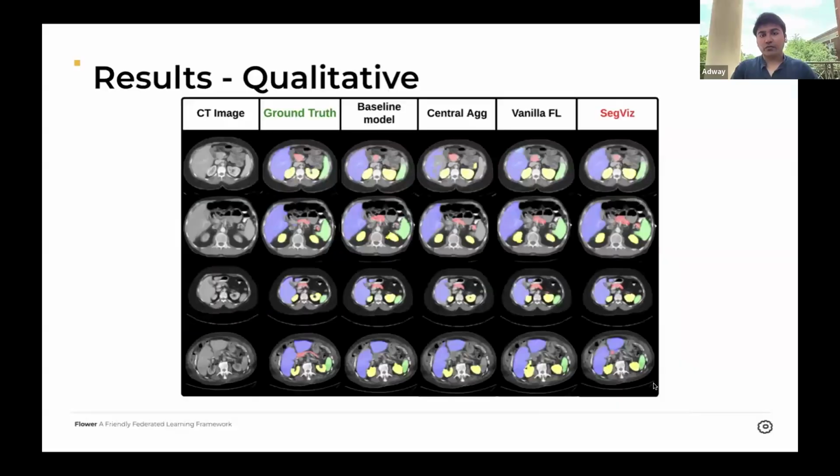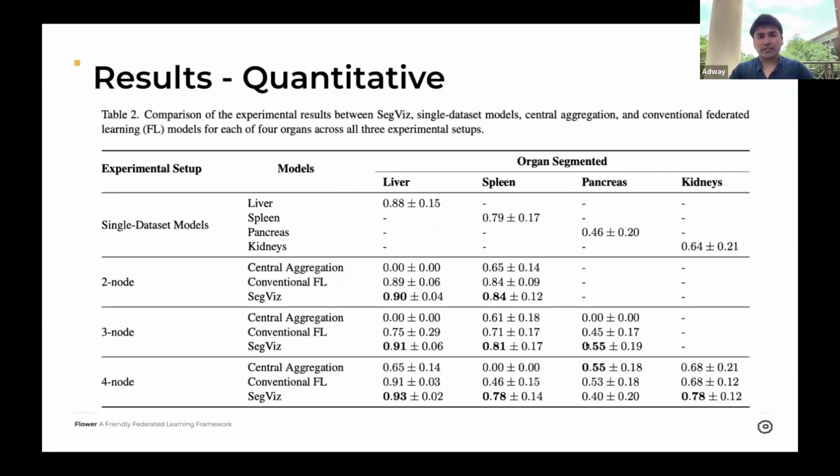So what we've noticed is that it definitely depends on the size of the organ. If you look at the table here, like I said, the pancreas is a smaller organ, a lot more complex. When you're looking at these images, you'll notice how the view changes as you go by.